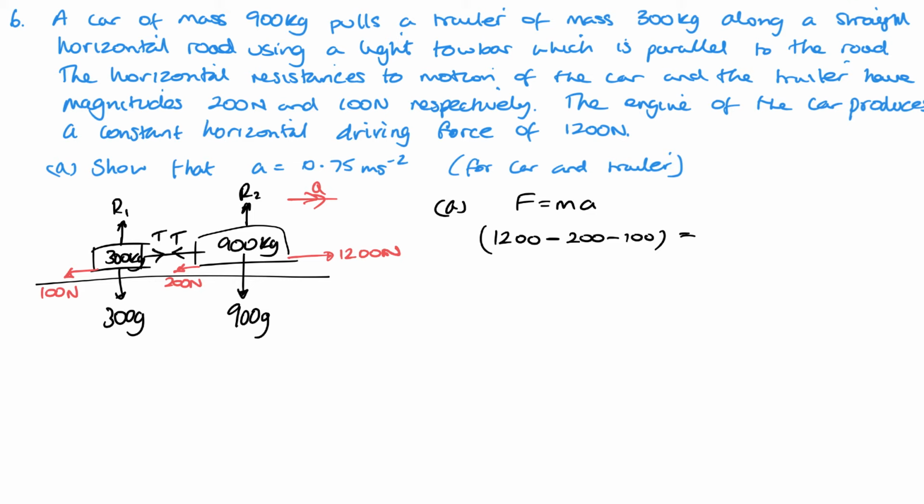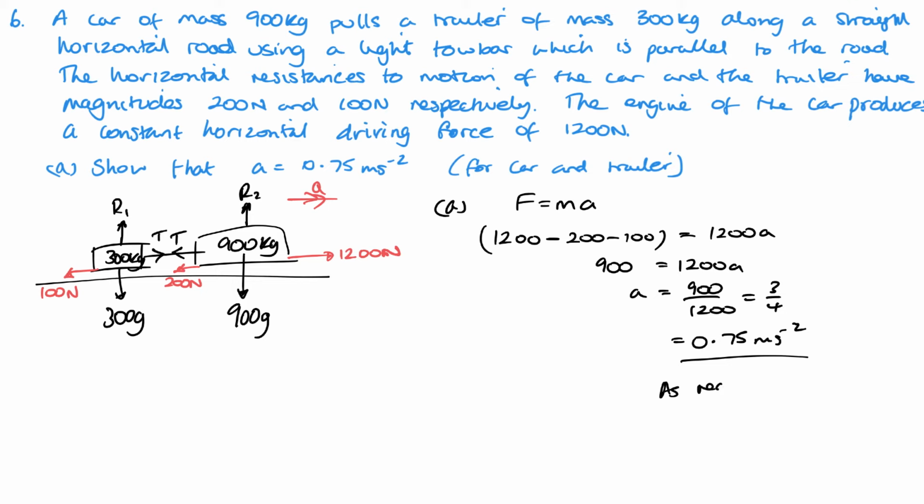My total mass is 900 and 300, so it's 1,200 kilograms, and A we are trying to find. So this gives me 900 equals 1,200A. So A is 900 over 1,200, which is obviously 3/4, which is our 0.75, as we required.